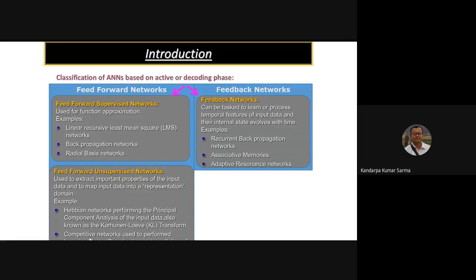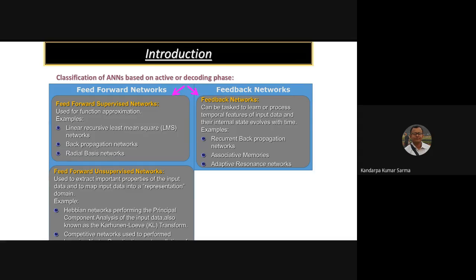And in the feedback type, we will find out later on that the recurrent back propagation networks, the recurrent networks, are very successful in carrying out temporal processing. Recurrent neural networks are very well suited for doing time-dependent processing, while the feed-forward structures are good in doing pattern mapping. They are not that successful in doing the time-dependent processing.